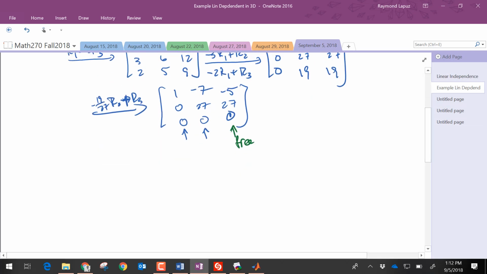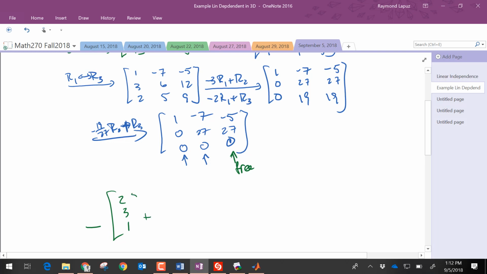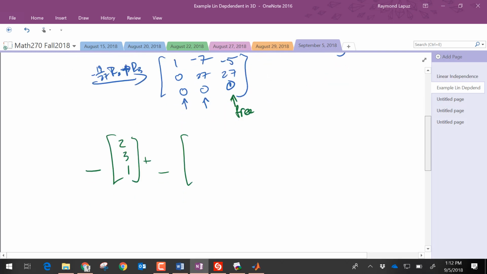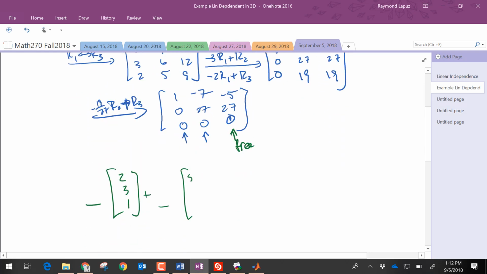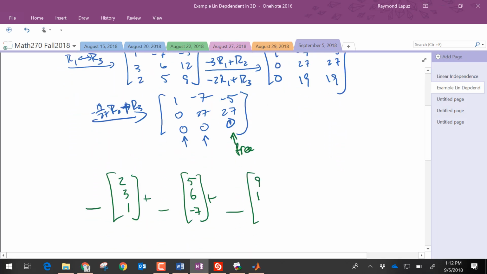I don't know which one's dependent on which one, but all I know is that if I were to write these vectors out as a linear combination, 2, 3, 1, 5, 6, -7, and 9, 12, -5, then I can actually find non-zero numbers to put in these blank spaces to make it work.